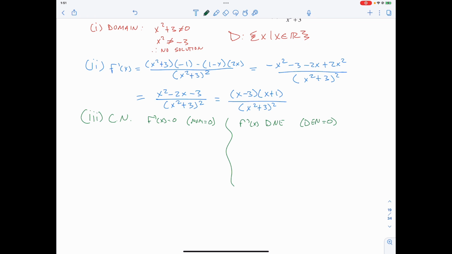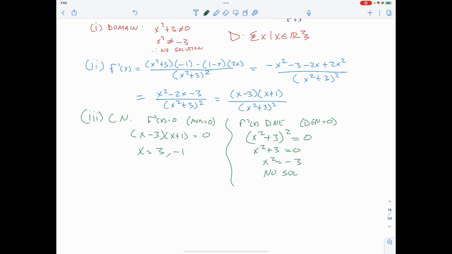In this case, if (x minus 3)(x plus 1) is equal to 0, then x is equal to 3 or negative 1. If (x squared plus 3) squared is equal to 0, then x squared plus 3 is equal to 0, x squared is equal to negative 3, and there is no solution in this region.